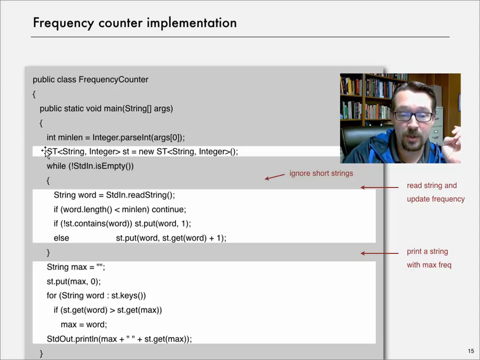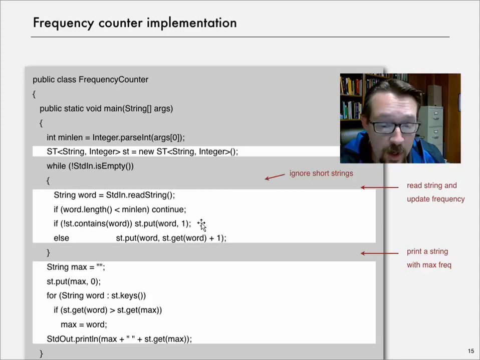Again, you create a symbol table object where the key is a string, the value is an integer, and then as it reads these strings in through standard input, if the word length is less than that minimum length, then it's going to break out and not count that. But if the symbol table does not already contain that word, it would put that word in there with a value of 1.